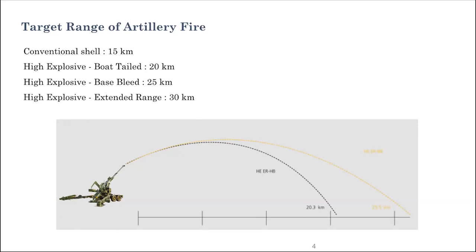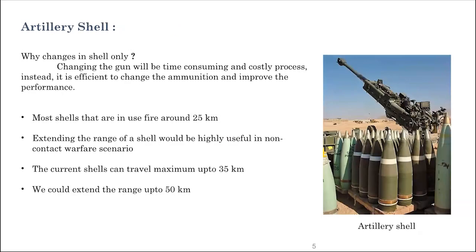So we can make changes in the design of the shell and fit a ramjet in the artillery shell. As it is an actively powered ramjet engine, it can go up to 60 kilometers from the same gun. These are the current artillery shells, and making changes in the shell is more economical and takes less time.